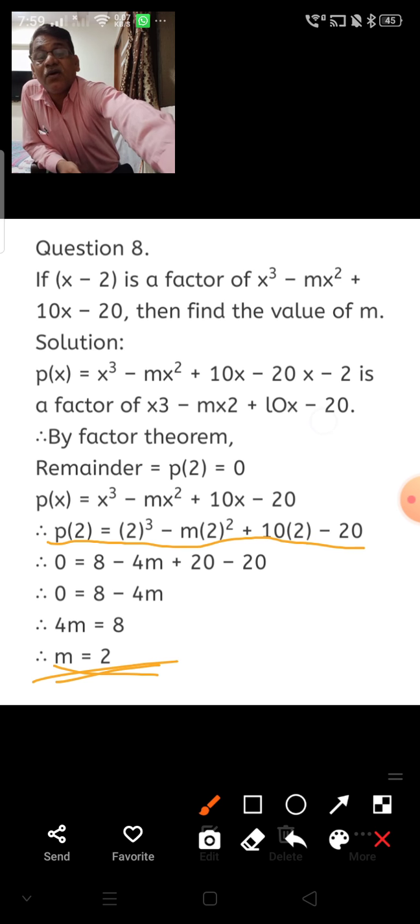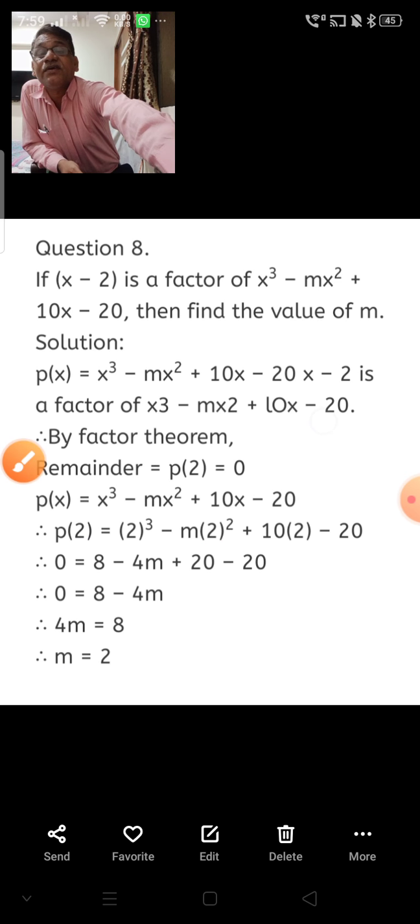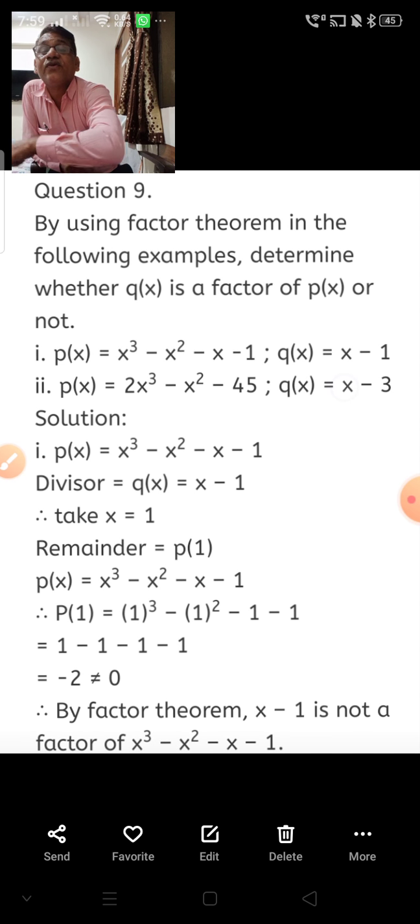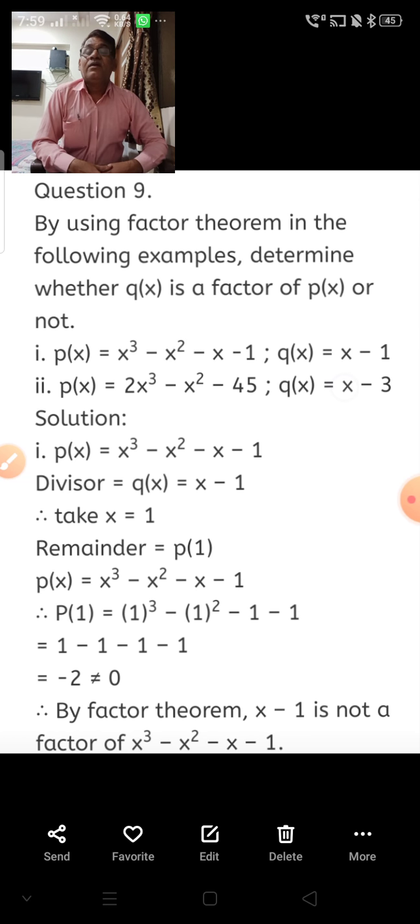Okay. Now come to next. Question number 8 is here. Now question number 9. Here also by using the factor theorem, in the following example, determine whether q of x is a factor of p of x or not. Here 3 questions are there, but I will solve only one or two questions and you have to solve the other questions.